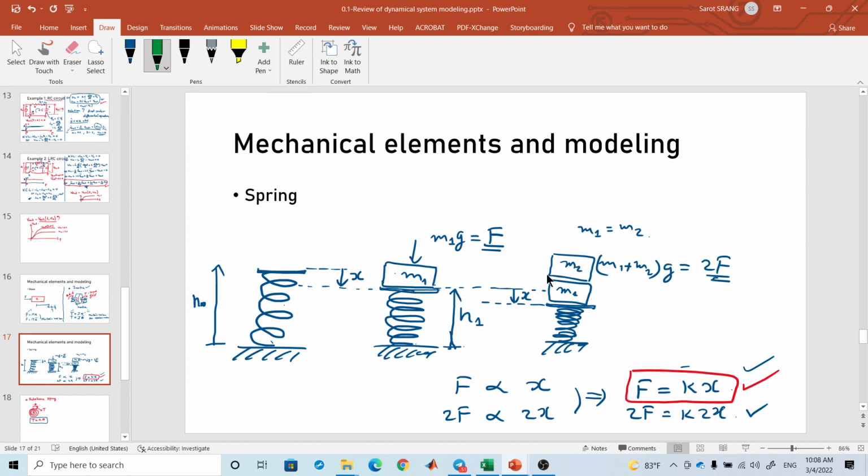Next, mechanical elements like a spring. A spring has a uniform profile. Without any load, the height is h0.